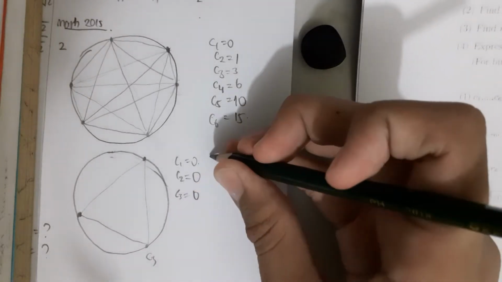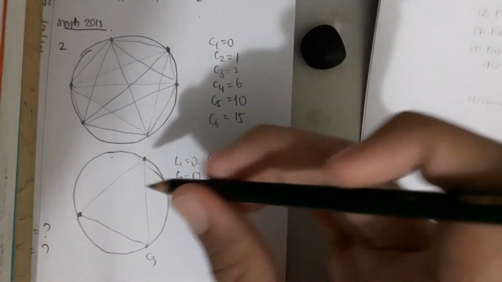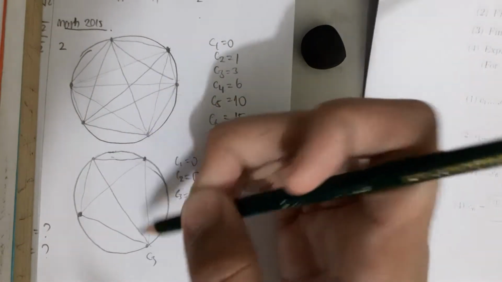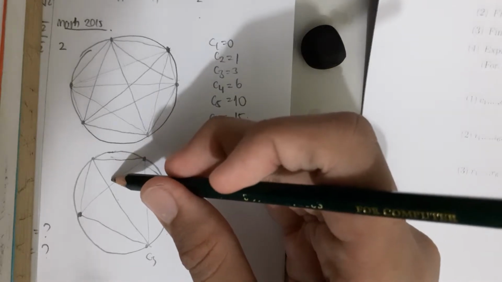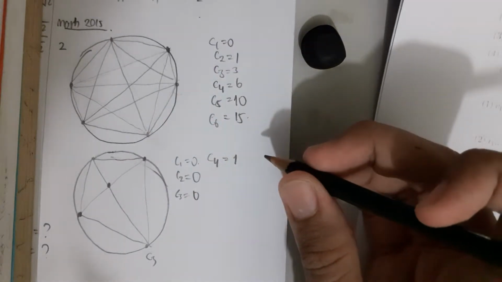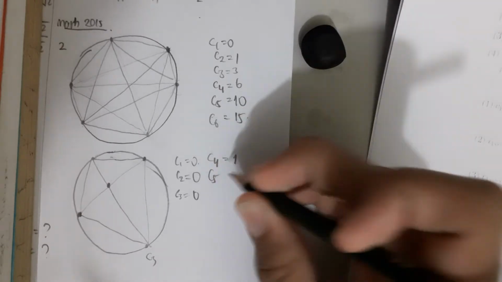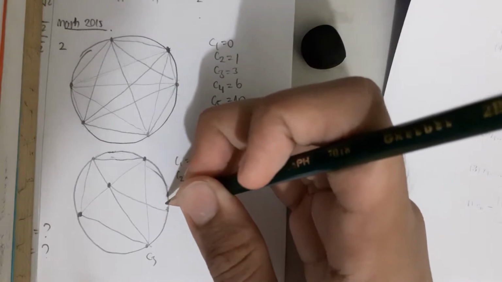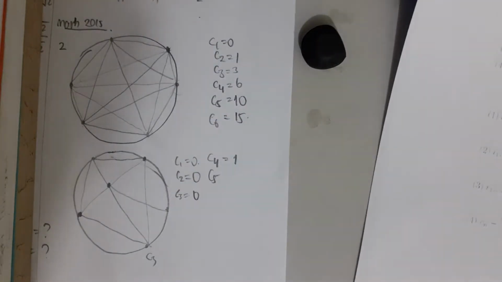And for 4 points, you see, there's one intersection down there in the middle. Then 5 points. Now we are getting a little bit bigger. Well, I think I drew it the wrong way.